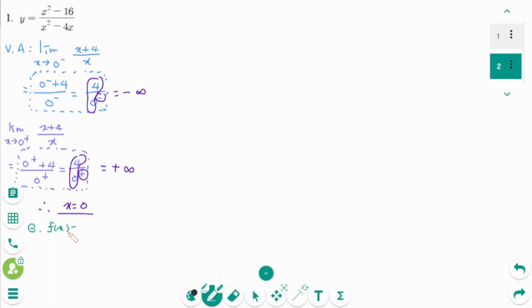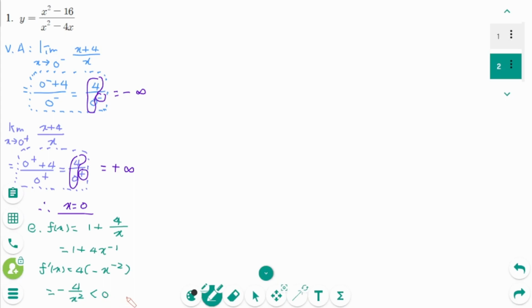F of x equals 1 plus 4 over x. We can rewrite as 1 plus 4 x to the power of minus 1. Then f prime of x equals 4 times minus x to the power of minus 2. We can rewrite as minus 4 over x squared, which is always negative.